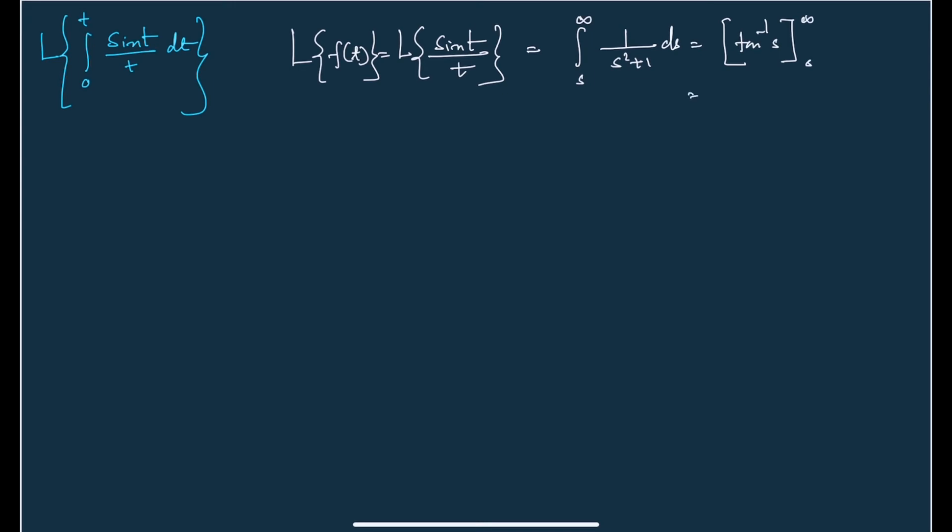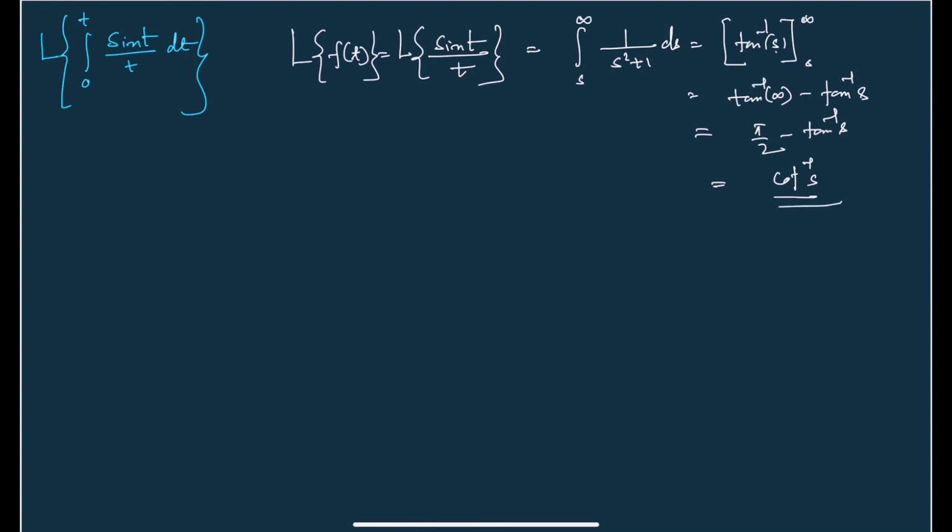So instead of s you put the upper limit, minus the lower limit. So tan inverse of infinity minus tan inverse of s. Tan inverse of infinity is pi by 2, minus tan inverse of s, and this is cot inverse of s.